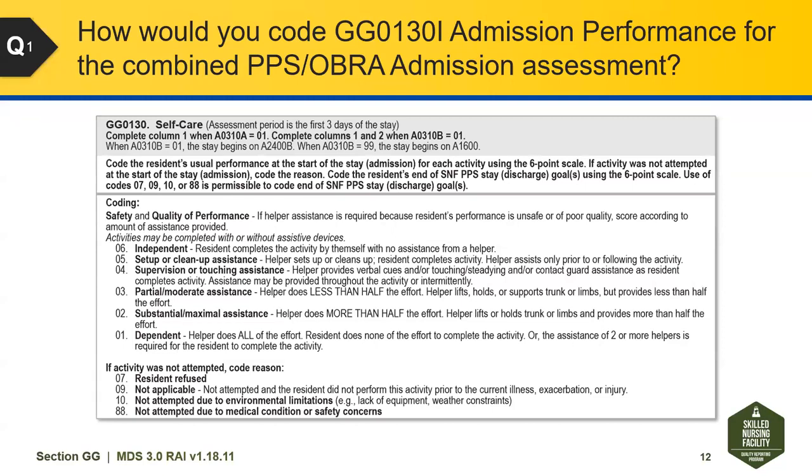So how would you code GG0130I Admission Performance for the combined PPS OBRA Admission Assessment?